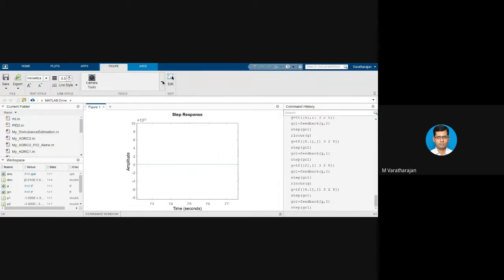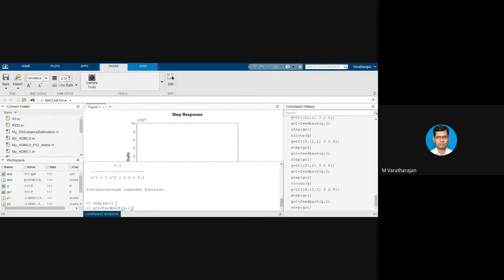I think in offline MATLAB you will have such things. That's why I prefer the offline option. Online you can calculate anything, but the user interface is a little bit tricky. Okay, so if you zoom further, you can see that the response will be continuously oscillating. At the same time, it will be exponentially increasing.